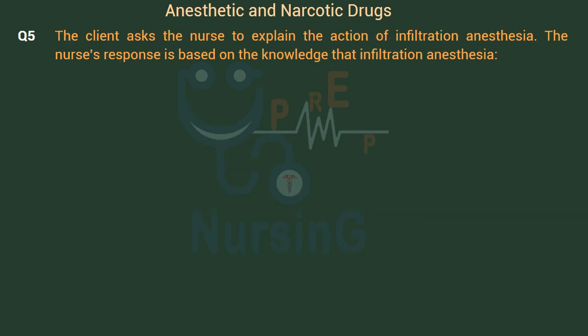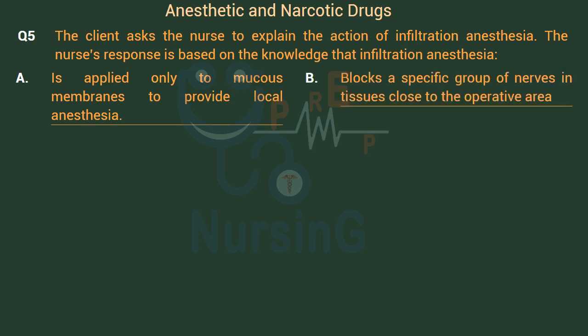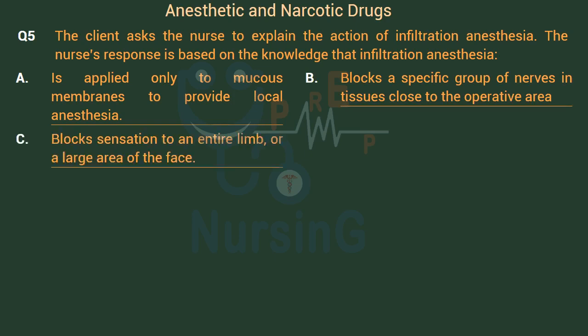The client asks the nurse to explain the action of infiltration anesthesia. The nurse's response is based on the knowledge that infiltration anesthesia, Option A, is applied only to mucous membranes to provide local anesthesia. Option B, blocks a specific group of nerves and tissues close to the operative area.